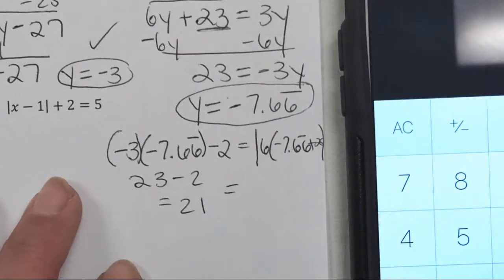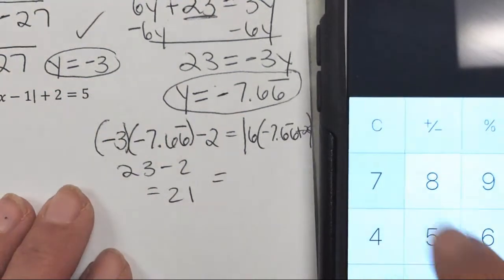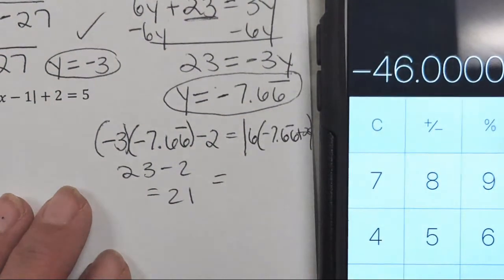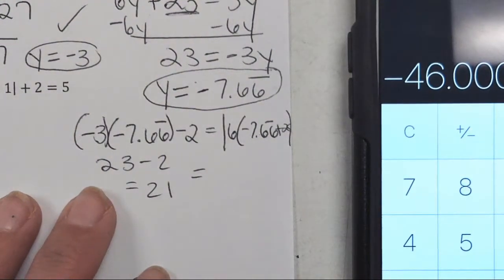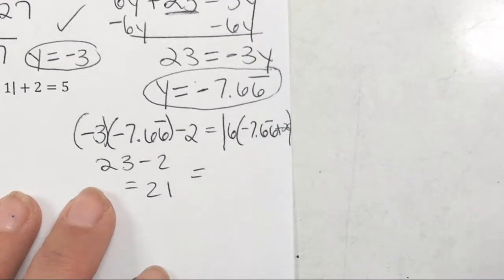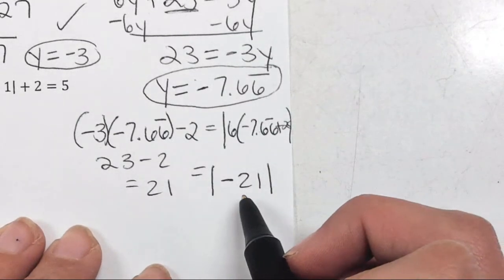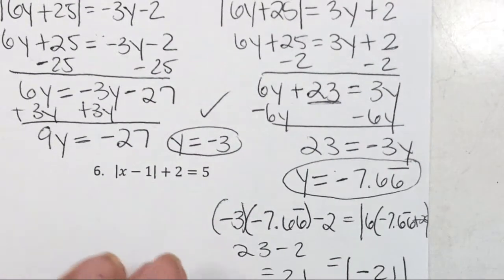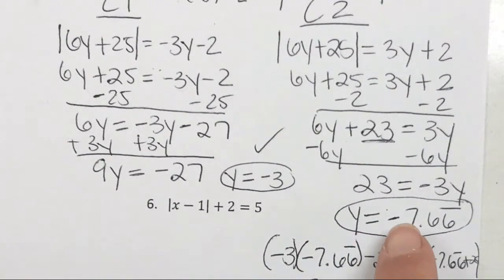Round any decimal point, good enough. So 6 times -7.666667. That'd give us like -46. What's -46 plus 25? -21. And absolute value of -21 is what? 21. So they both work. Very good. -7 right here.